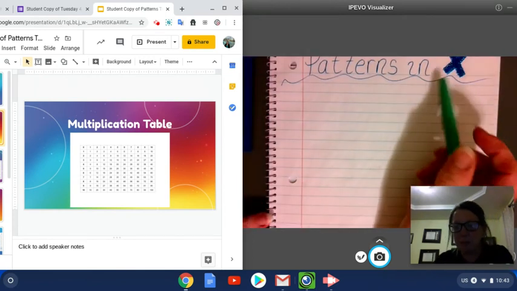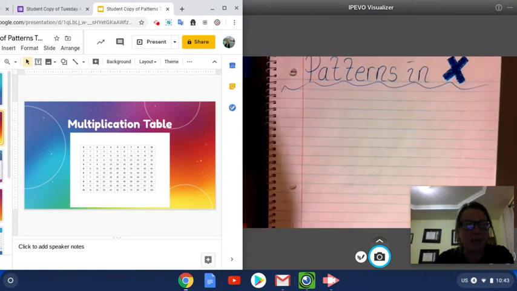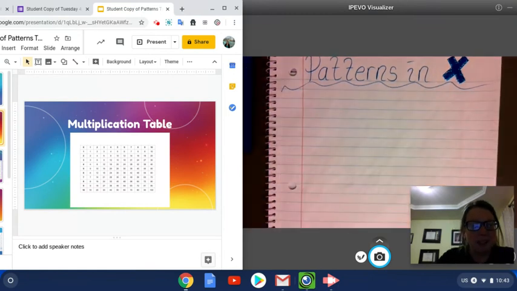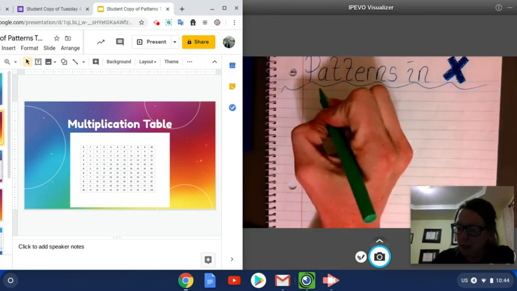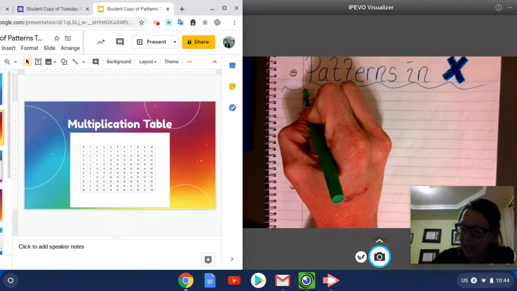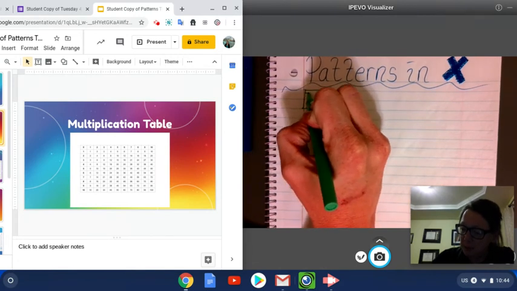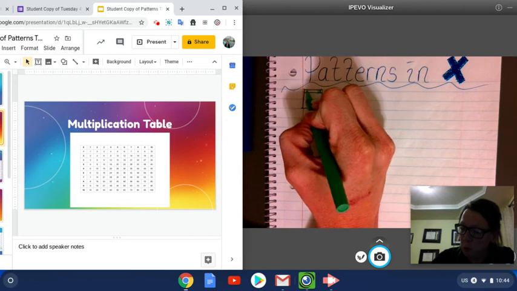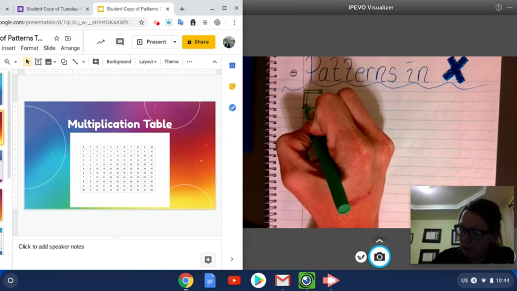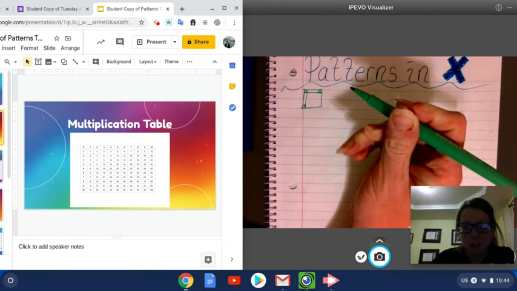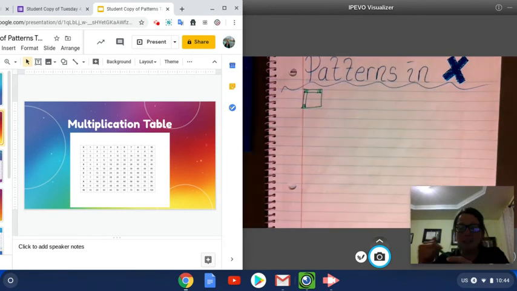Remember, this is our multiplication sign, our times sign. Usually we look at a multiplication table that will go to 12 on each side, and it starts with X. This one goes to 10.